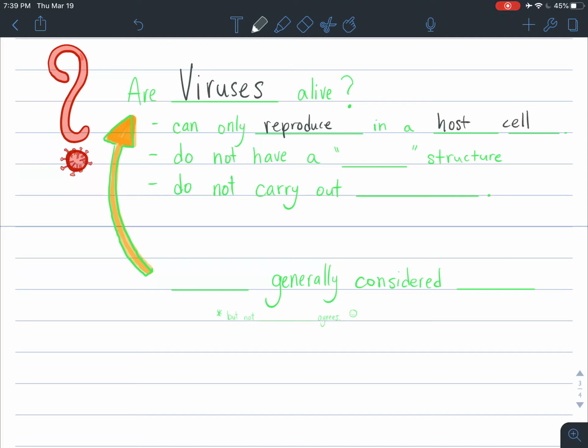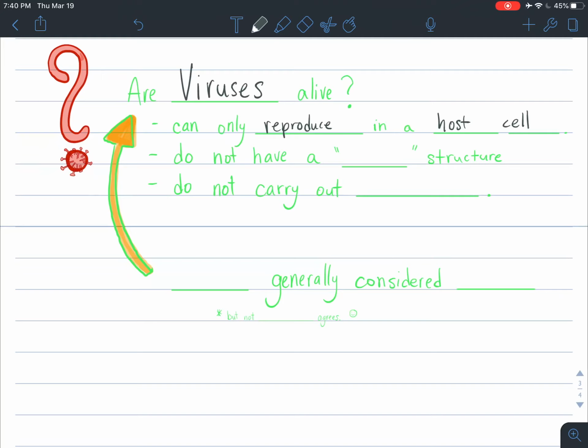What that means is that they're basically a parasite. They use other organisms. And when they use other organisms, typically it hurts the other organism when they use their resources. We'll learn more about that as we continue on throughout this unit. So they can only reproduce in a host cell, so they can't reproduce on their own. Well, they need that host cell.